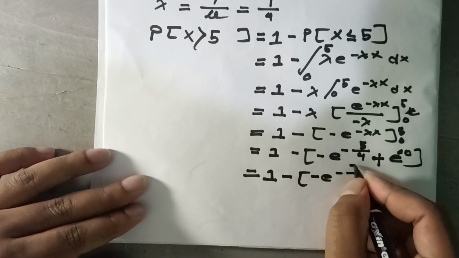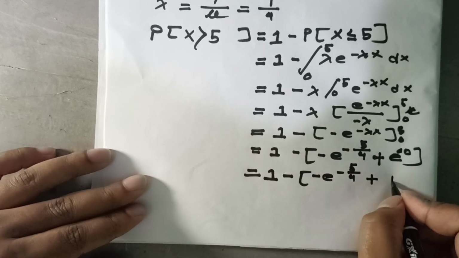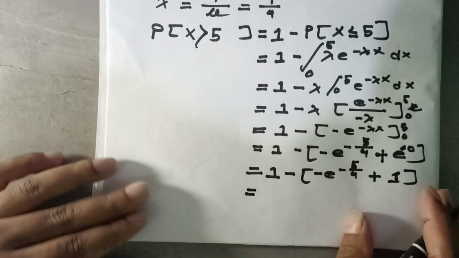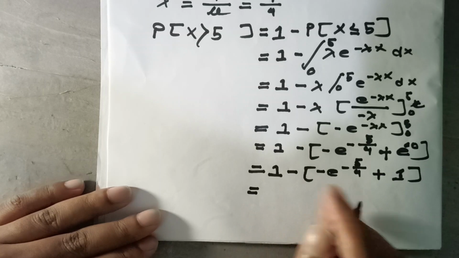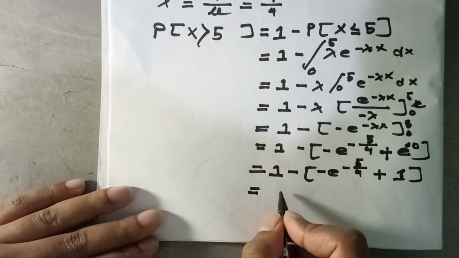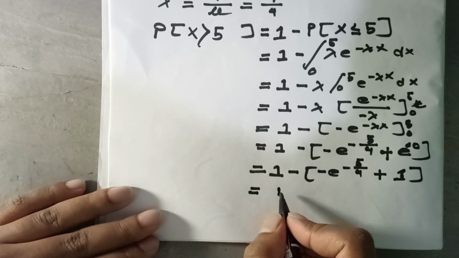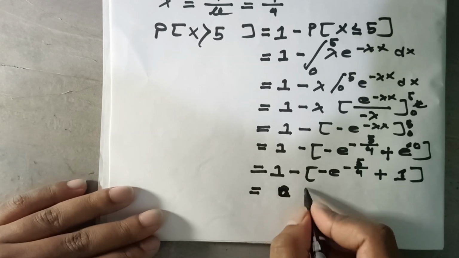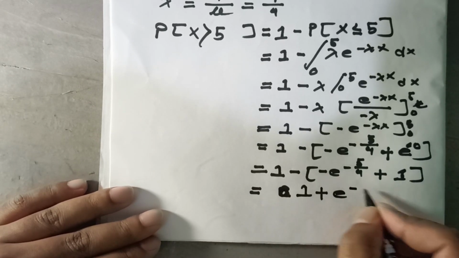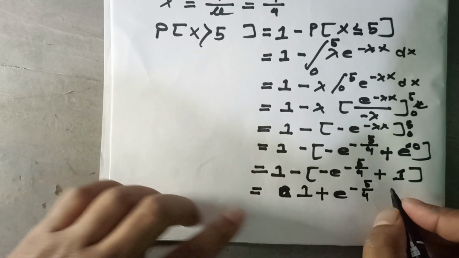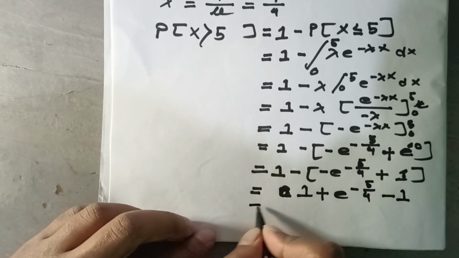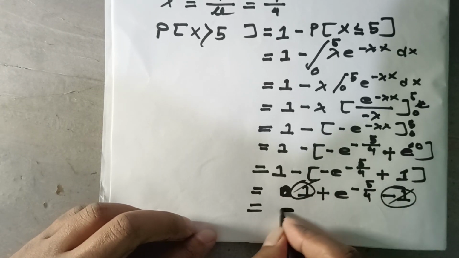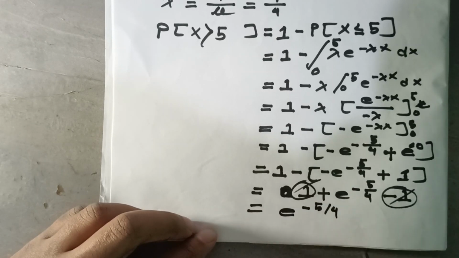Now I have 1 minus, e to the power minus 5 by 4 plus 1, so it is 1 minus 1 plus e to the power minus 5 by 4. The 1s cancel, and I am left with e to the power minus 5 divided by 4.